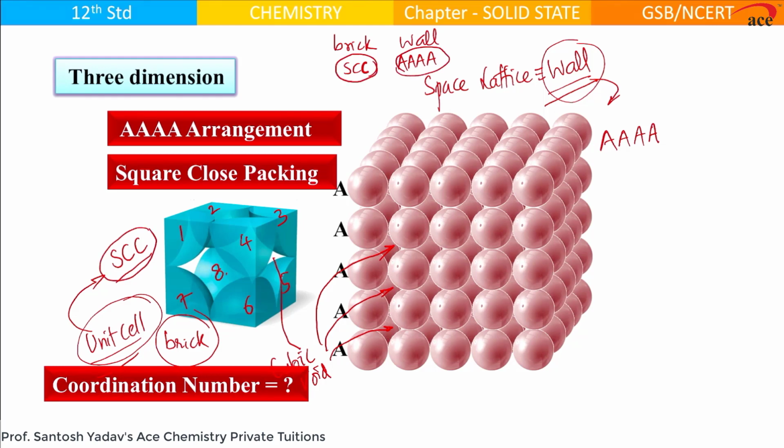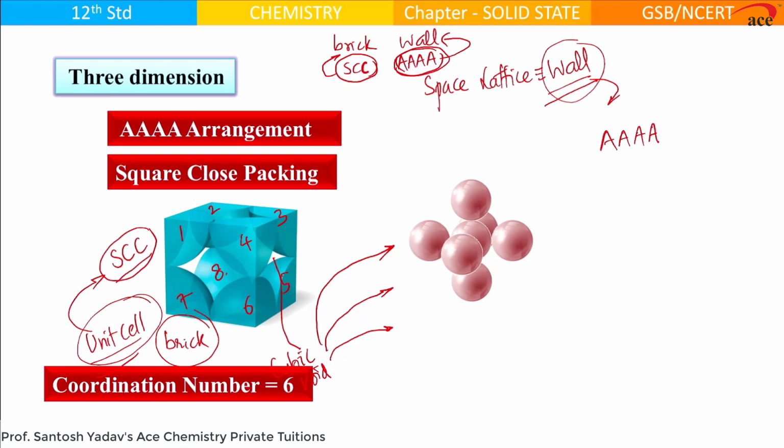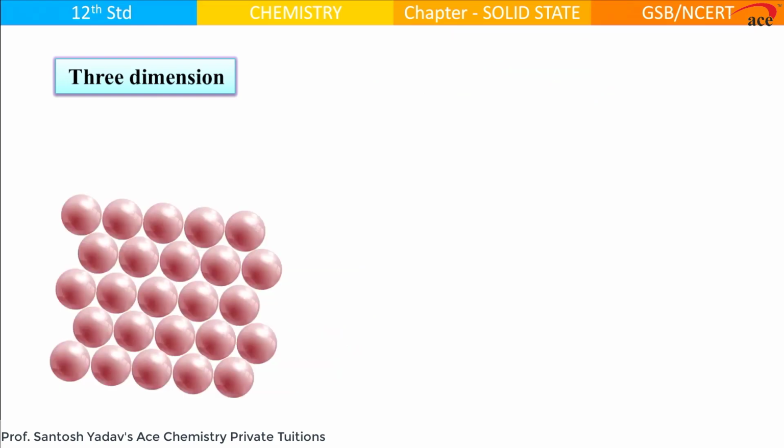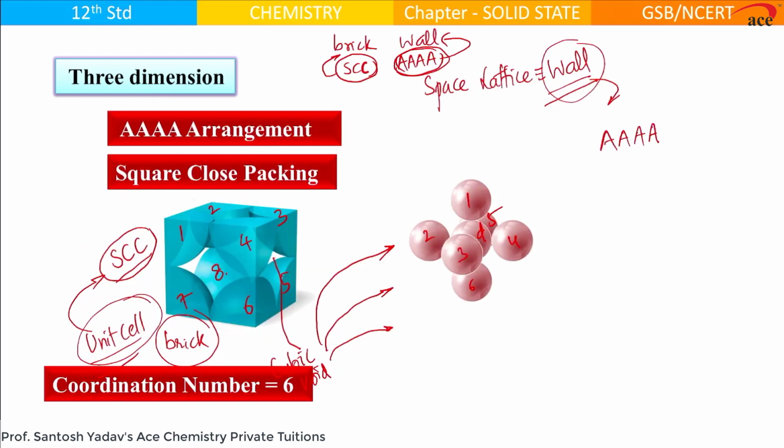Whether you say SCC or AA type of arrangement, for us one and the same, because one of them is a unit cell and other is a space lattice. The coordination number for both of them will be same. If you take this as a desired sphere, it is in direct contact with how many spheres? It is in direct contact with 6 spheres. What is the coordination number? Coordination number in the previous case is 6.